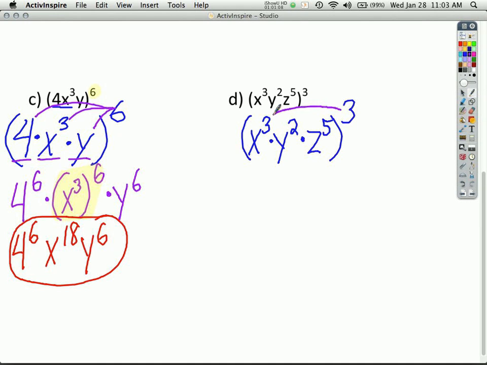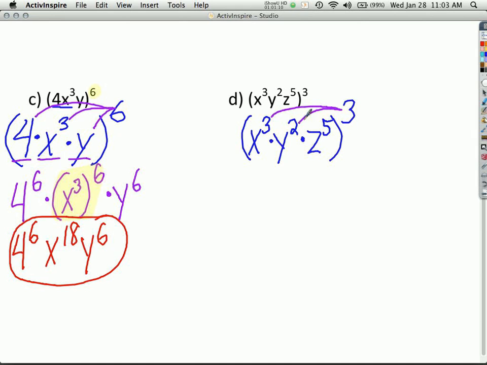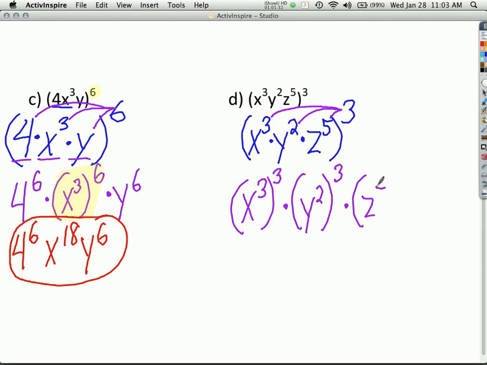And this is going to get applied here, here, and here. So this becomes a base, x to the third, being brought to that third power, times, now this is a base, y to the second, being brought to that power. And this is a base, z to the fifth, being brought to that power.